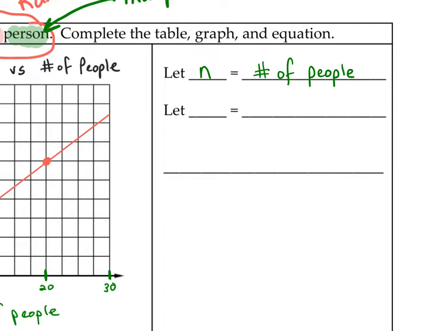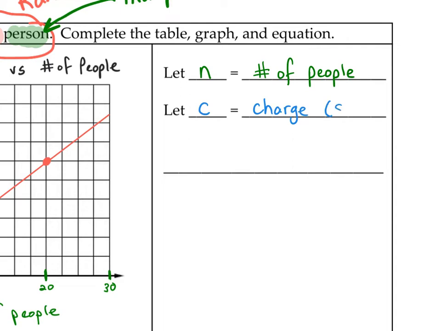You can even use x. Some people just use the x for the independent and the y for the dependent. But a lot of times we want to use a letter that kind of represents what it's saying. So n for number, or you could say p because it's number of people. That is the independent variable. And your dependent variable is the charge. So we're going to let c equal the charge.